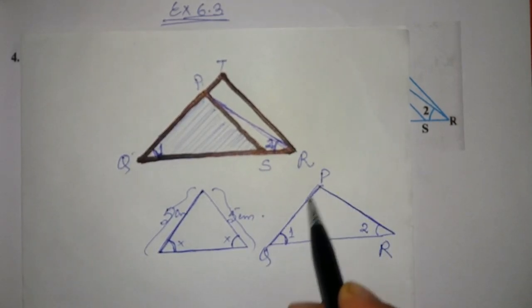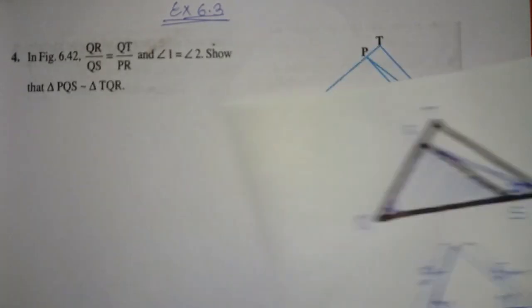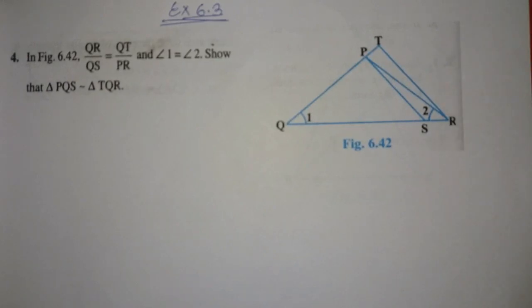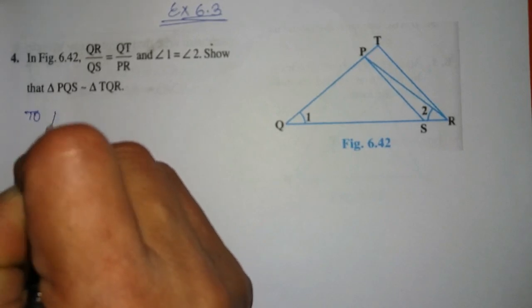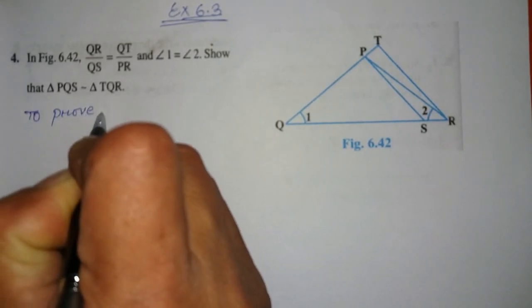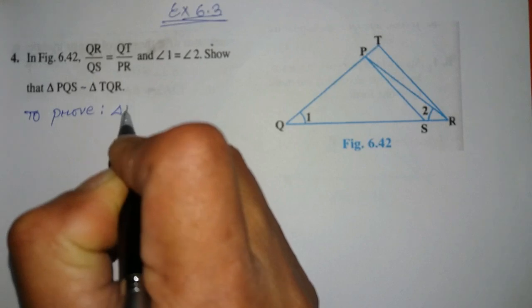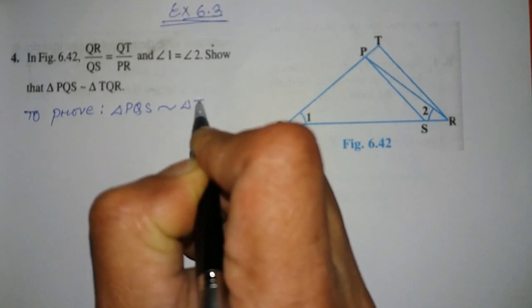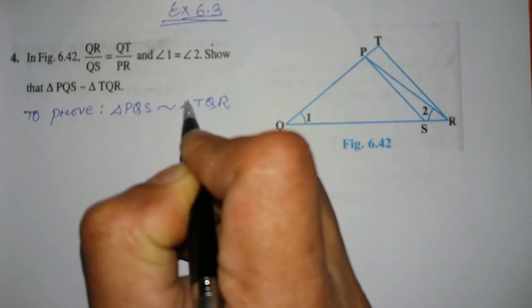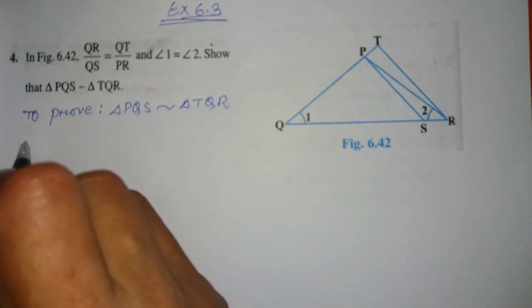So that is what we're going to say here. First let's write, to prove: triangle PQS is similar to triangle TQR.